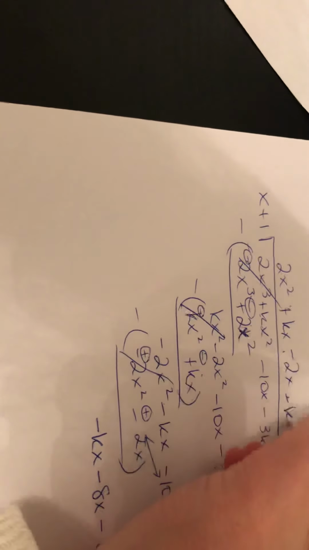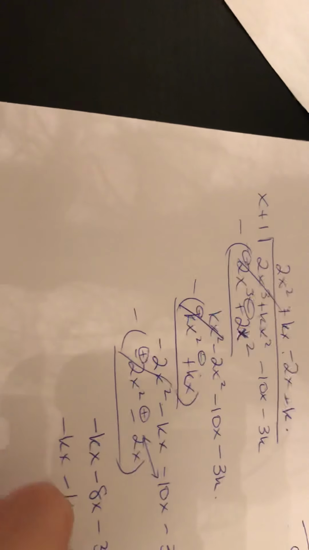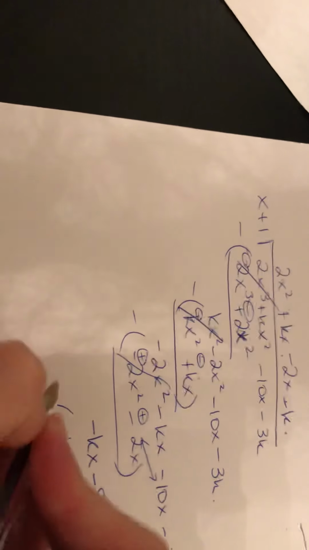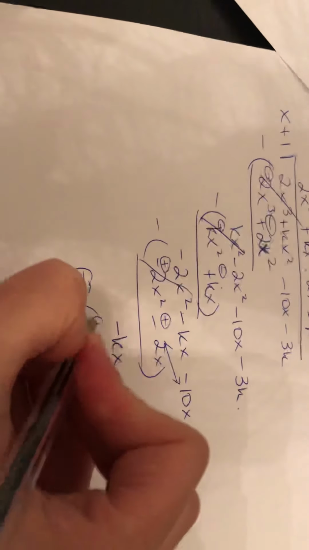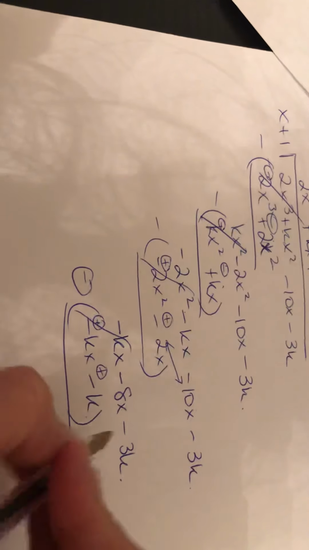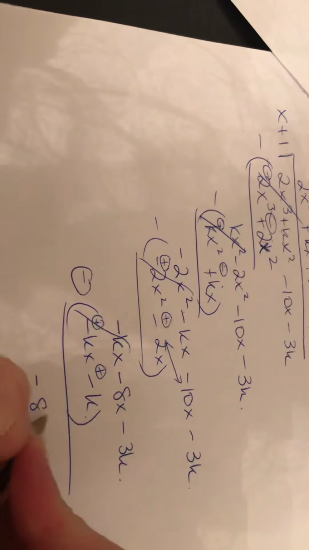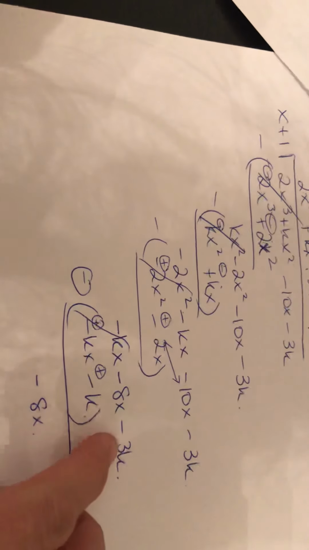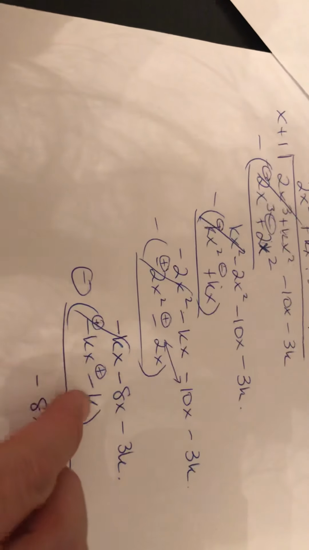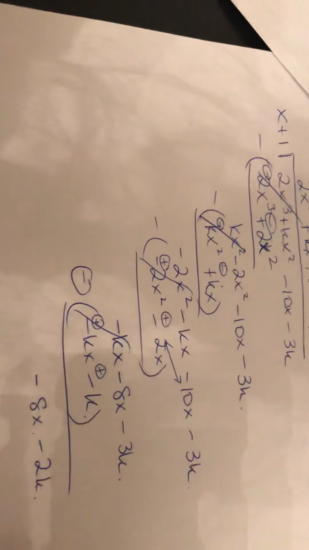What do I multiply x by to give me a minus kx? Minus k, so that's minus kx minus k, and I subtract. That gives me plus and a plus gone. That gives me a minus 8x, and minus 3k plus another k gives me minus 2k.